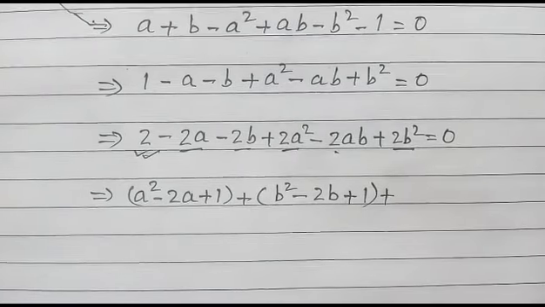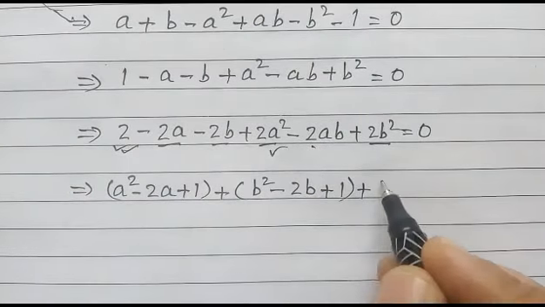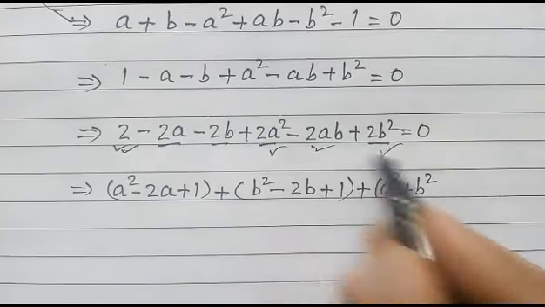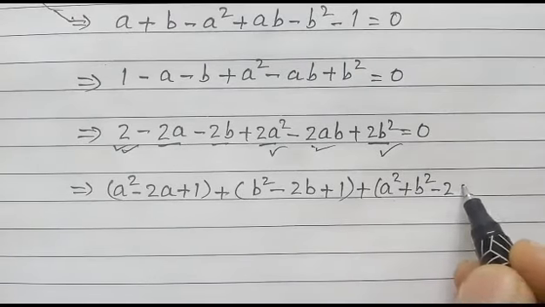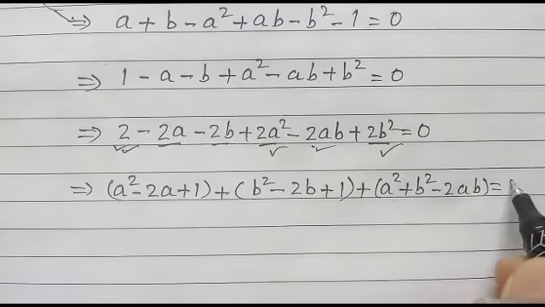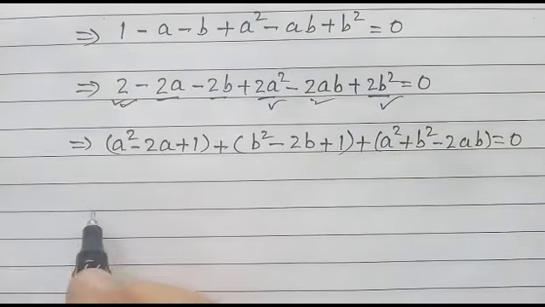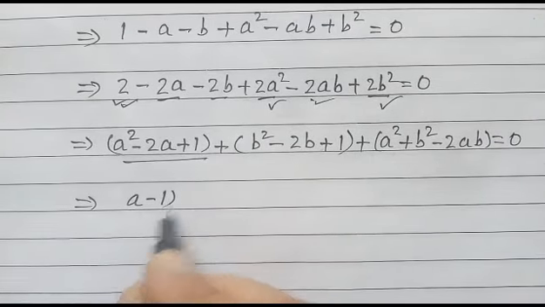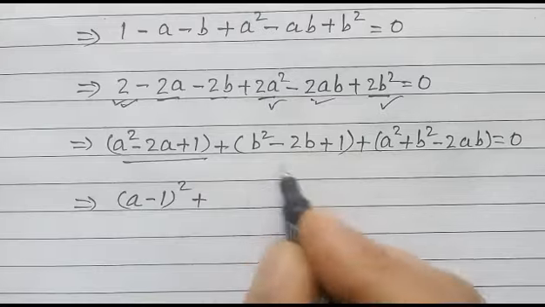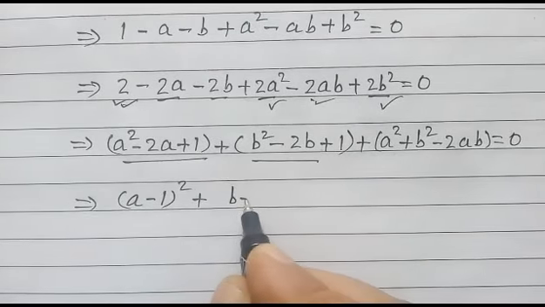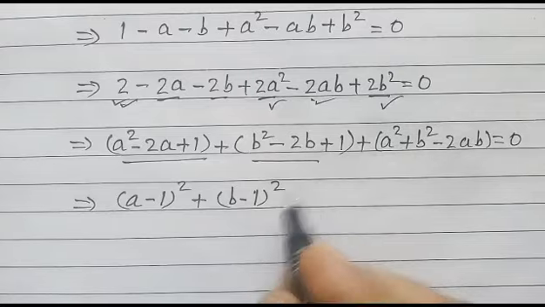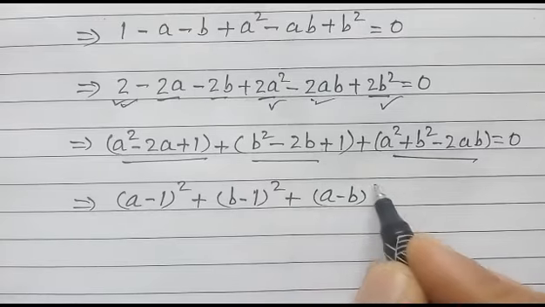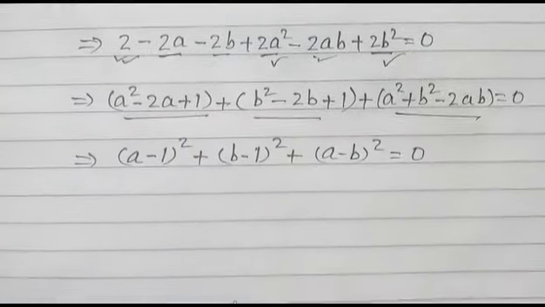Now we have remaining a^2 + b^2 - 2ab equal to 0, right? This is the expression of (a - 1)^2 + (b - 1)^2 + (a - b)^2 = 0, right?